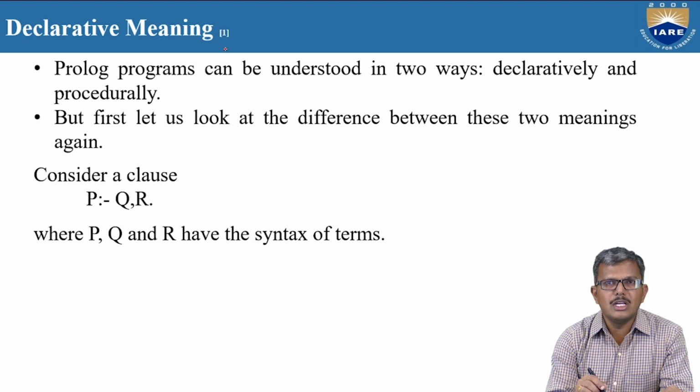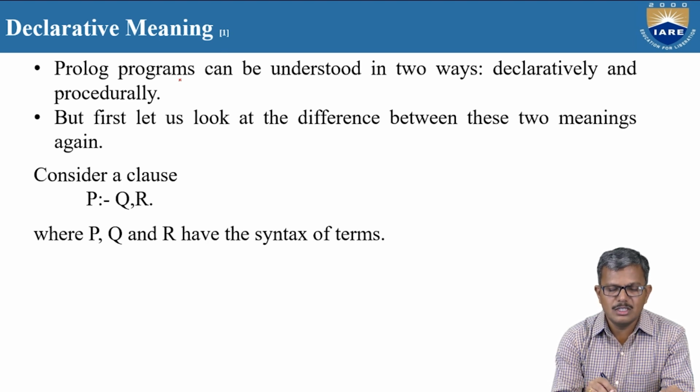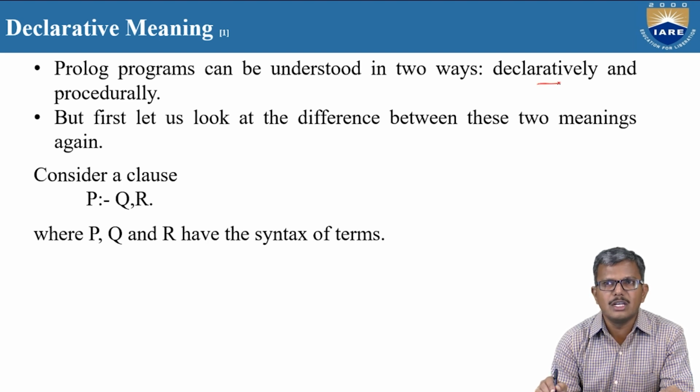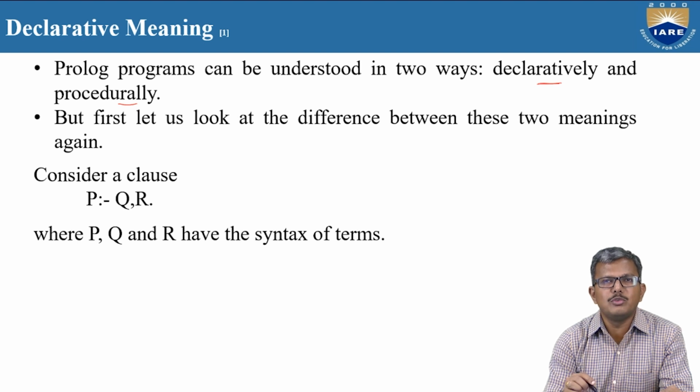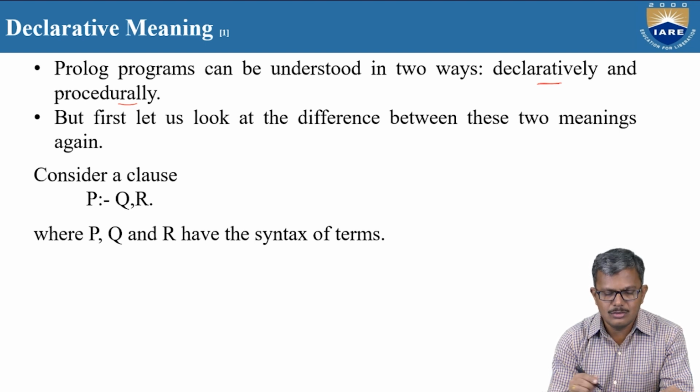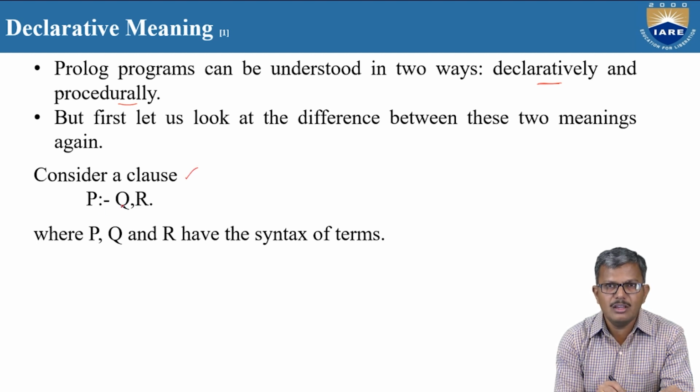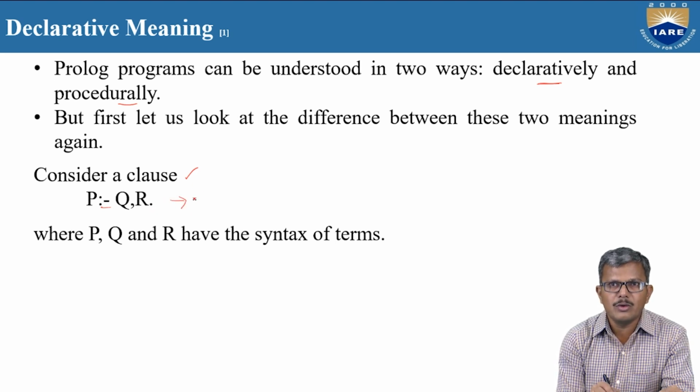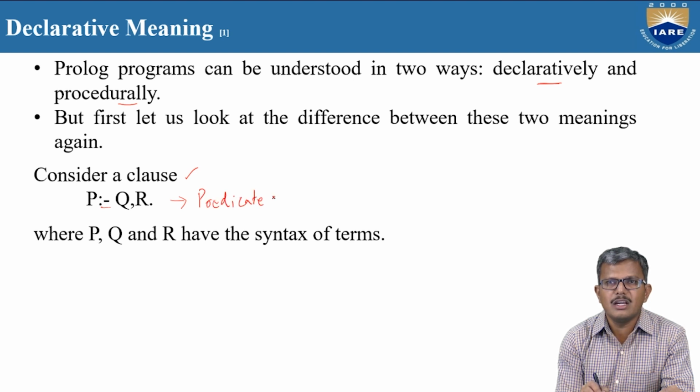If you specifically talk about the declarative meaning, we can say that Prolog programs can be understood in two different ways, declaratively and procedurally, and these two have different meanings. Let us try to understand the first clause: P :- Q, R. This is not a fact, but a predicate, or otherwise a rule.